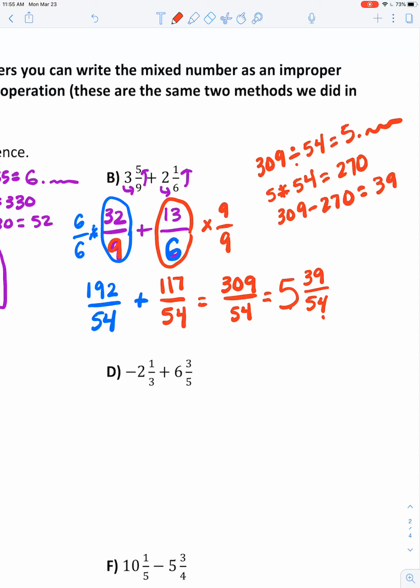I'm not sure if you see this right off the bat, but both of these numbers can actually be divisible by 3. Okay, so if we do that, we're going to get 5 and 13 over 18. And that is my answer to letter B.